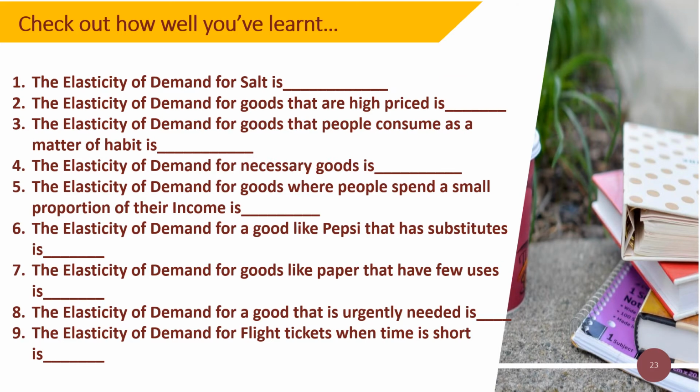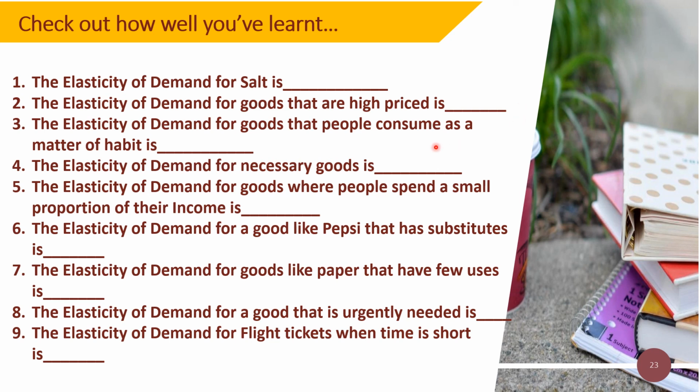Here are a few questions to check how well you have learned. Let's take the first one. The elasticity of demand for salt is relatively inelastic. The second one, the elasticity of demand for goods that are high priced is relatively inelastic.